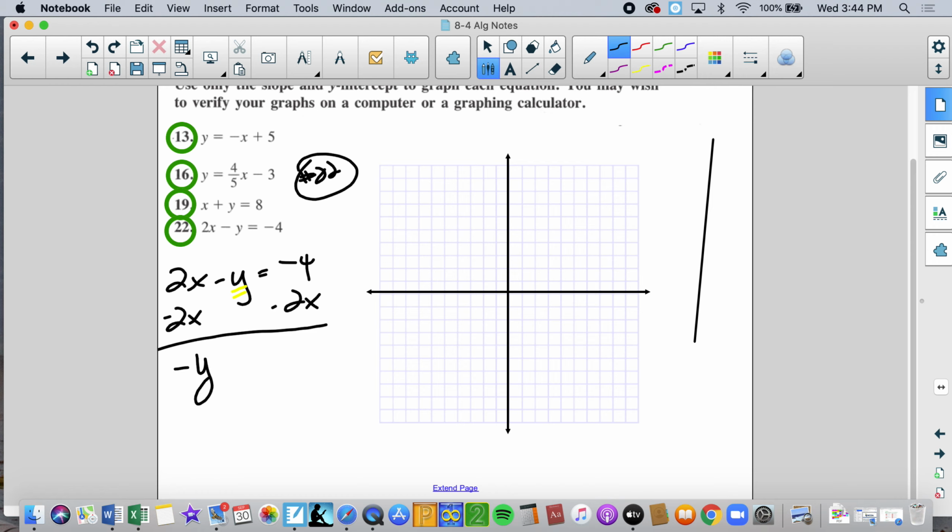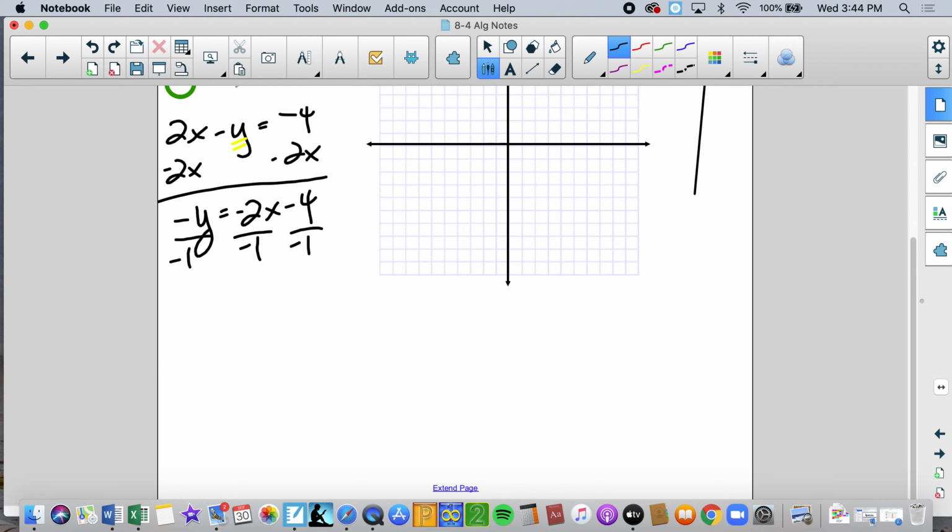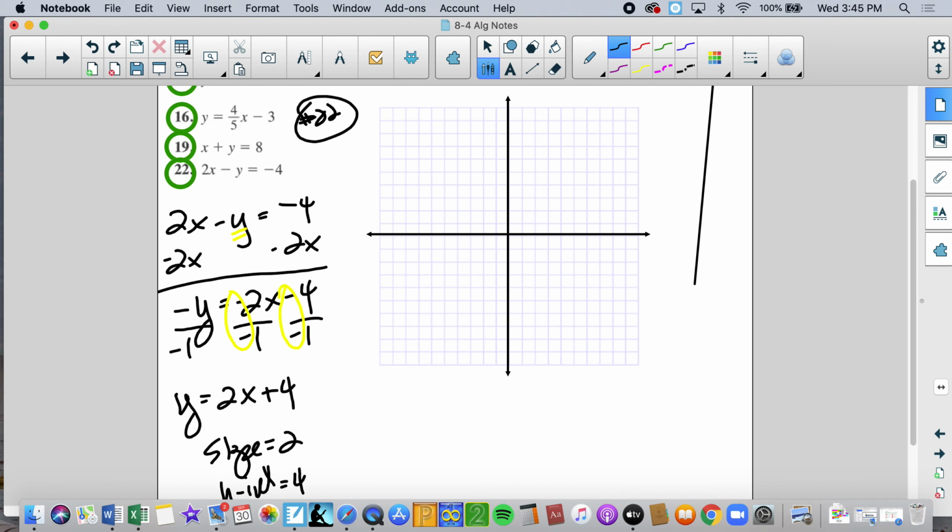Negative y equals negative 2x minus 4. I'm either going to multiply by -1 or divide everything by -1. This gives me y. The 2 negatives here give me positive 2x, and the 2 negatives here give me positive 4. So be aware of those double negatives. Negative divided by a negative is a positive. My slope equals 2. My y-intercept equals 4. Let's graph the y-intercept.